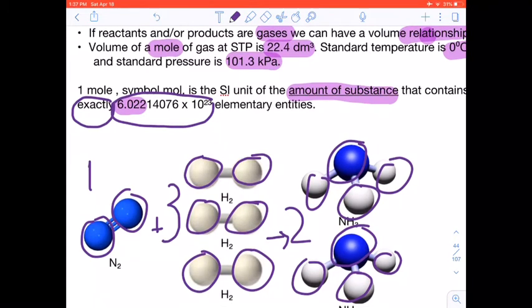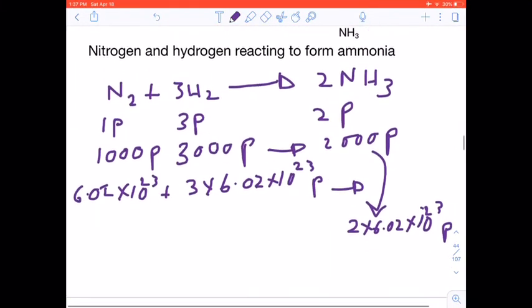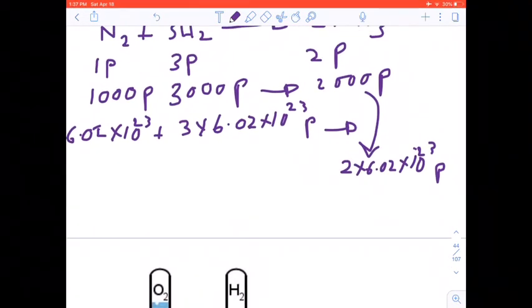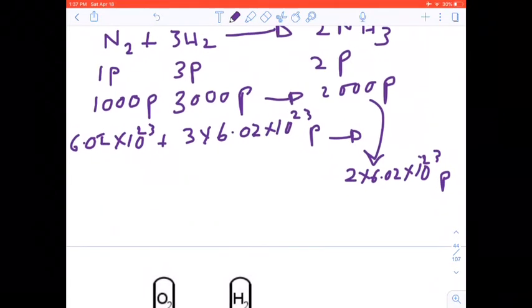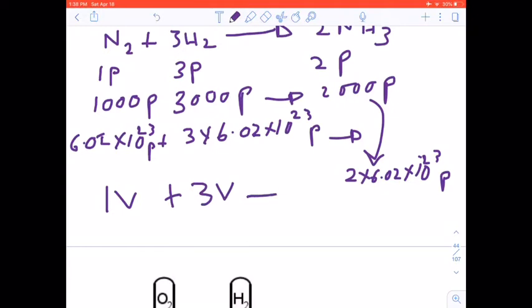But we know that 1 mole of a gas occupies 22.4 decimeter cubed. So if we want a volume relationship, I know 6.02 times 10 to the 23 particles would imply 1 mole, and that occupies 22.4 decimeter cubed. So I could say it's 1 volume of nitrogen plus 3 volumes of hydrogen gives me 2 volumes of ammonia.